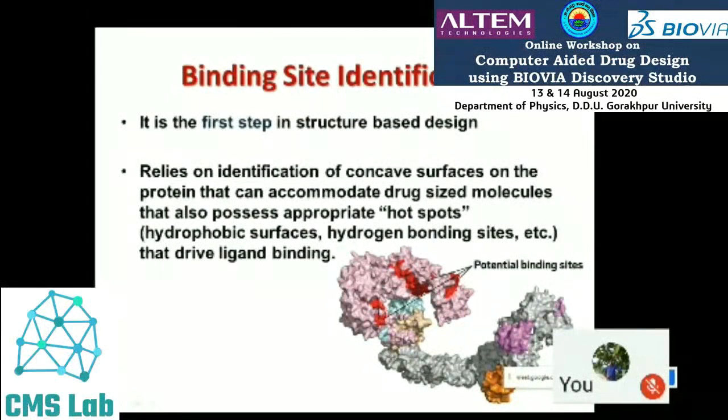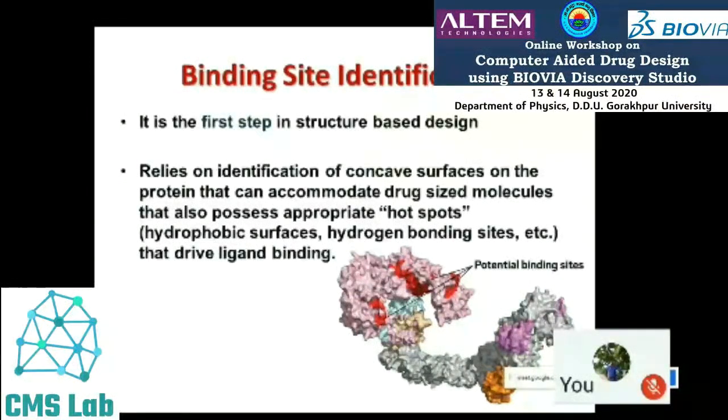So what do we mean by hotspots? How do you differentiate between active and non-active binding sites? There are many methods. One way to identify hotspots, where a drug can be accommodated, is to identify whether they have hydrophobic surfaces or hydrogen bonding sites.